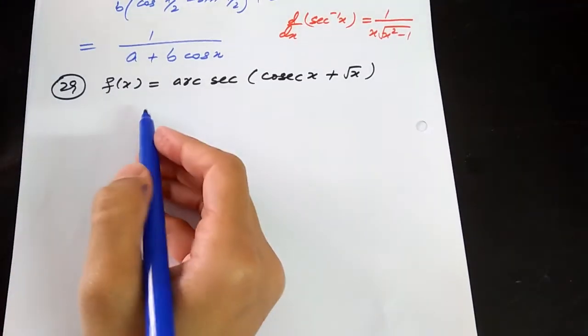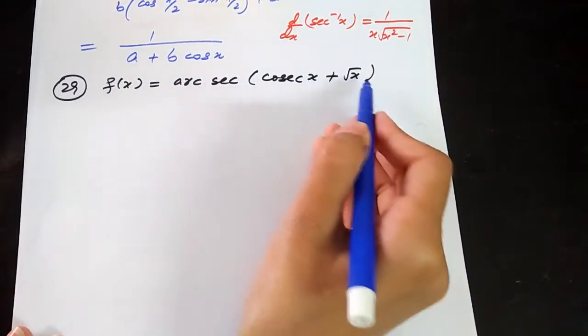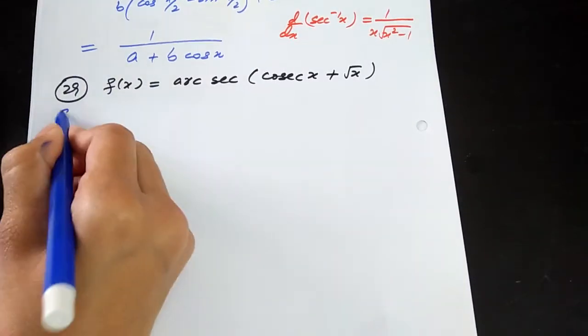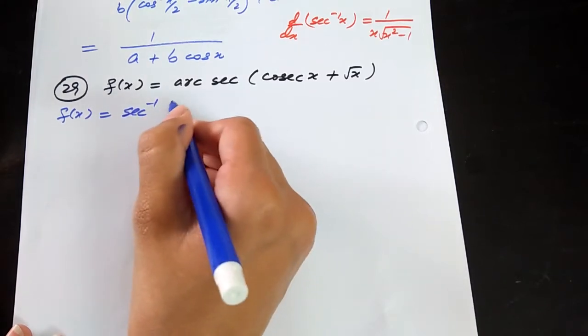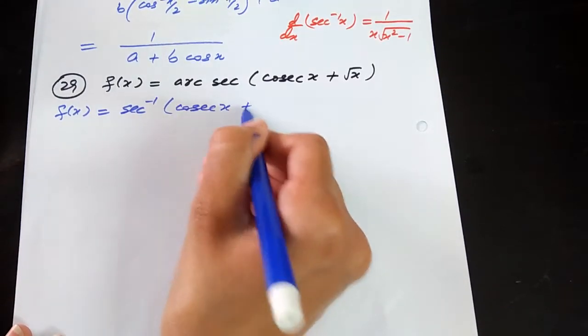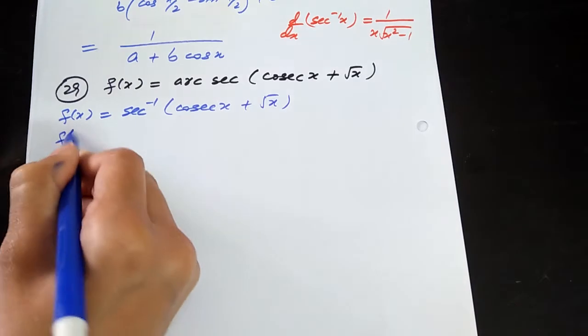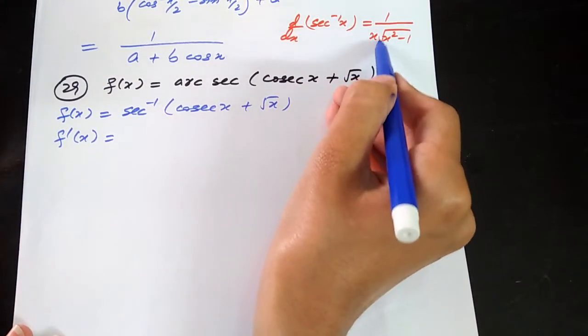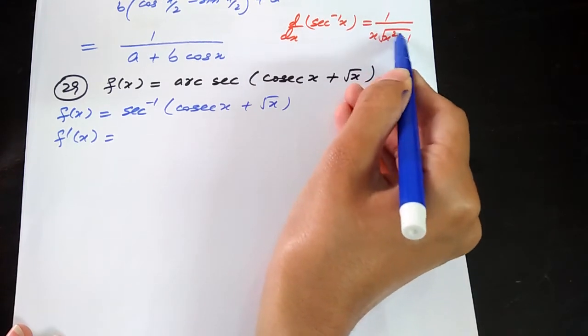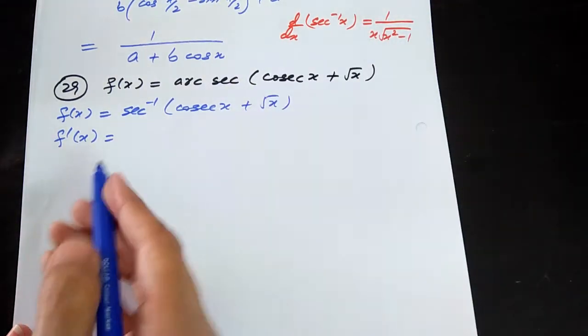Take the derivative of f of x, that is equals to arc secant of cosecant of x plus under root x. We know that f of x is equals to secant inverse of cosecant x plus under root x. Now the derivative will be f dash of x equals, derivative of secant inverse of x is 1 over that angle under root angle square minus 1 and derivative of that angle.